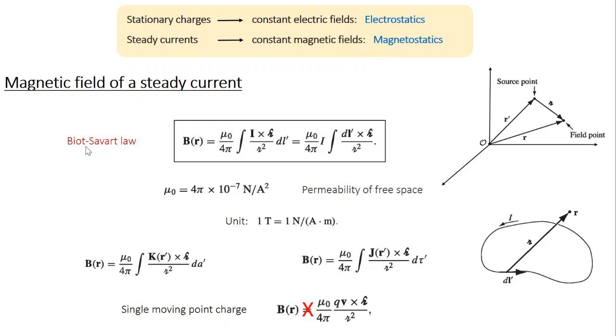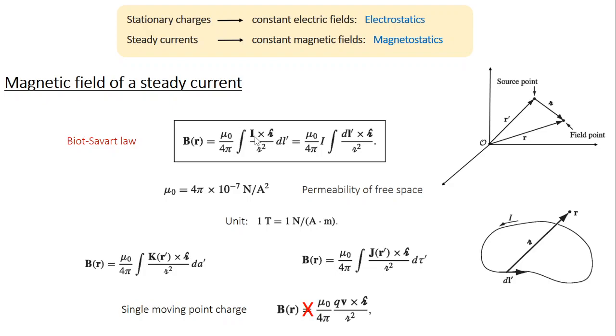According to Biot-Savart law, the magnetic field at the point r is given by mu naught over 4 pi integral I cross r cap divided by r square dl prime, where r cap is the unit vector along the displacement. Since current is flowing along the line, the direction of current and the direction of the loop are the same, so I can interchange these two parameters.